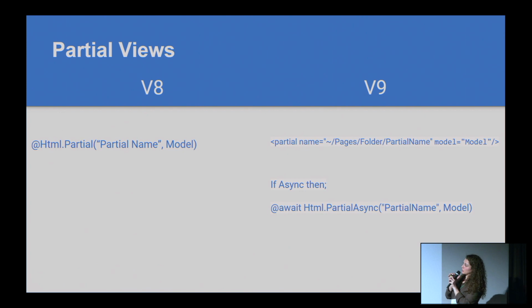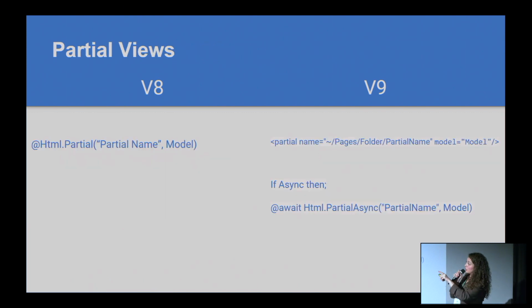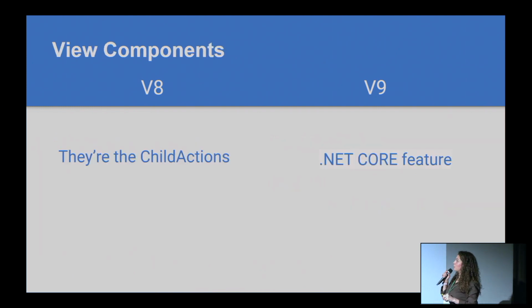Well, the thing is, you can still use Html.Partial in Umbraco 9, but it's just giving you that annoying green error, which is not cool. So I needed to use the partials, but then when I was searching, I came across view components, and I literally just ditched the partials and started developing with view components.